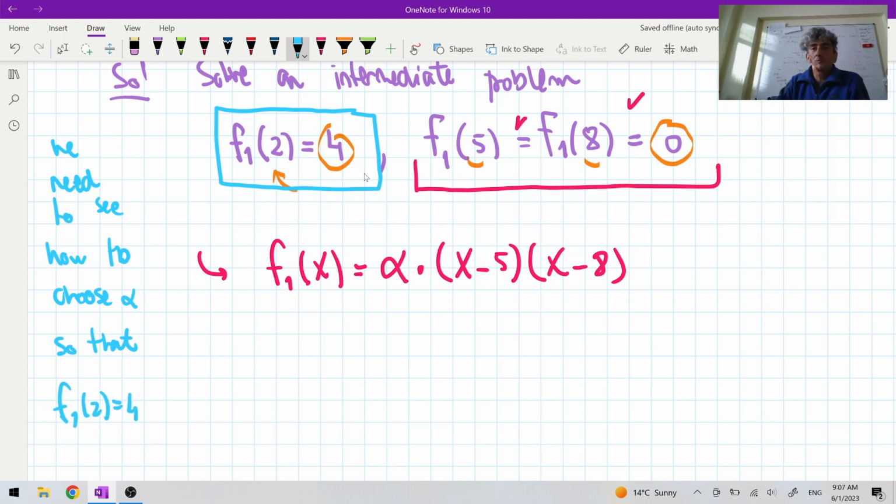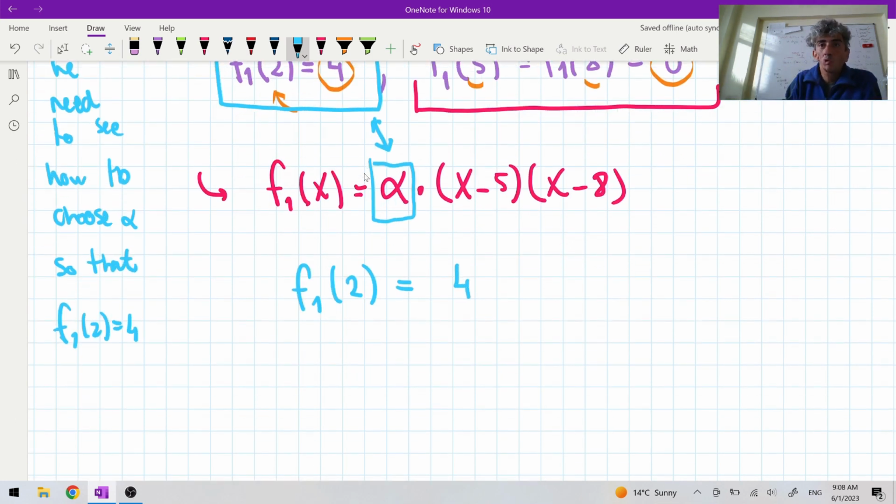So this is a design factor. What do we do? We plug in 2 and we ask that the result is 4. So alpha times 2 minus 5 times 2 minus 8 needs to be 4.